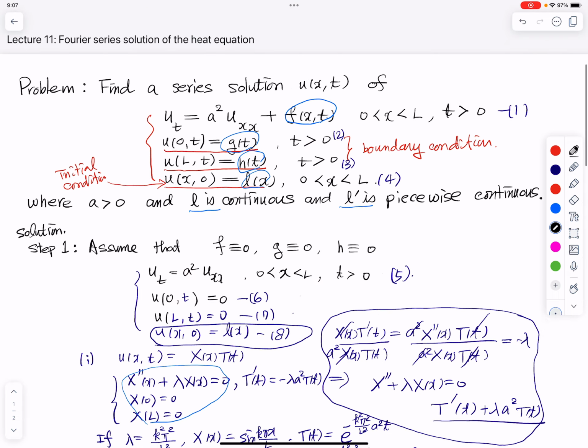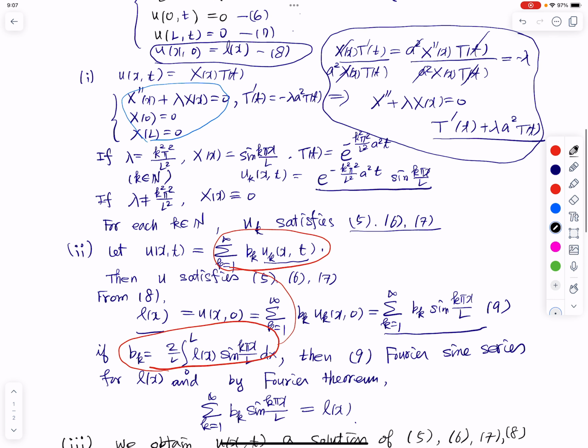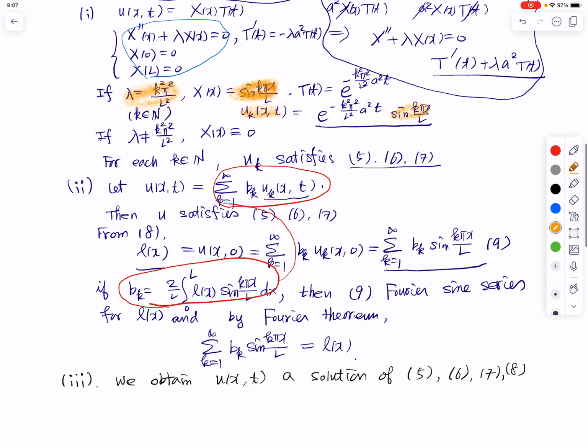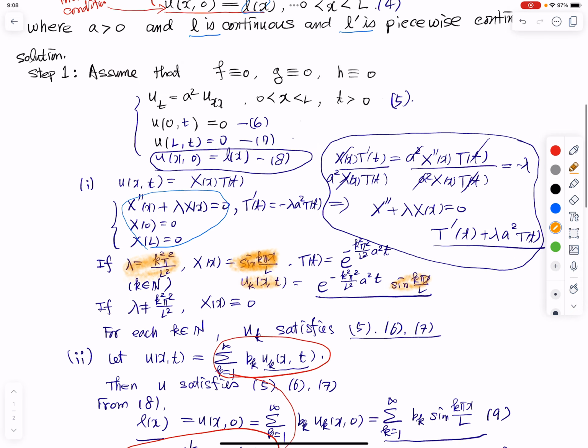But when you take the exam, you don't need to write down all these things. The most important part is this. Lambda equals k squared pi squared over L squared, then we have X of x equals sine k pi x divided by L. These are very important parts, so you don't need to do the other two or three things.